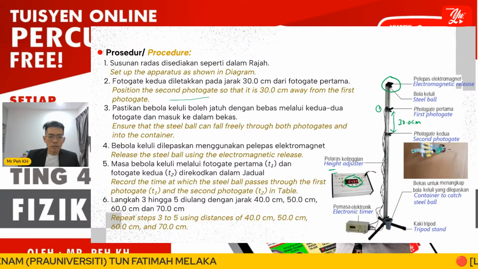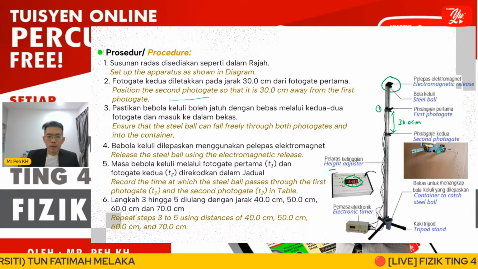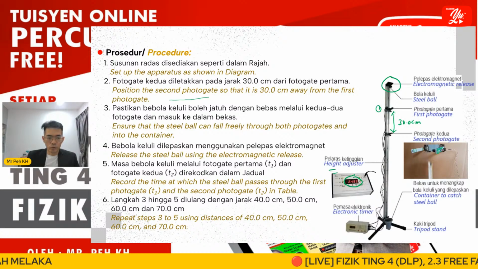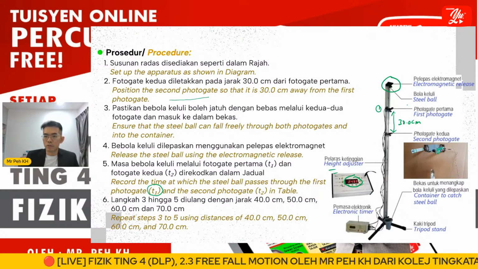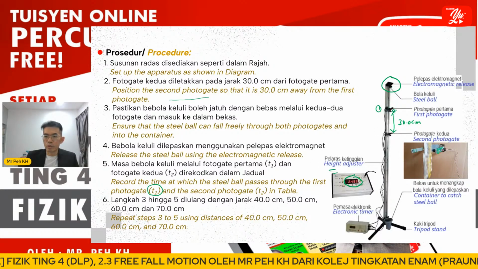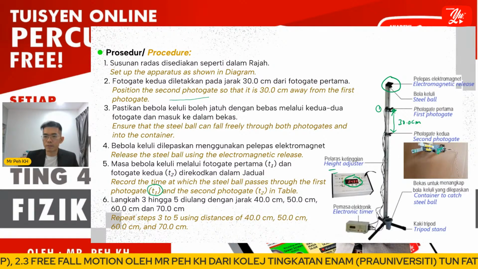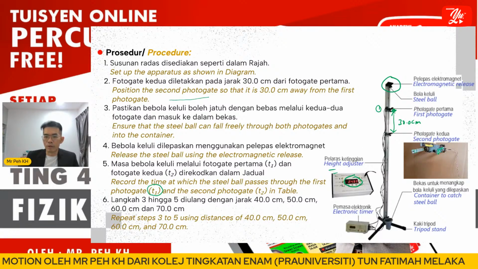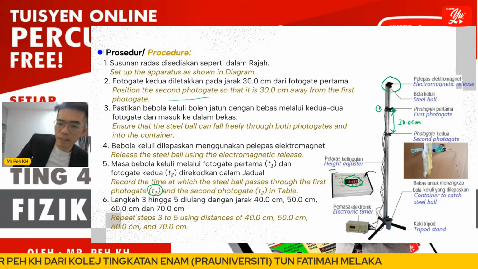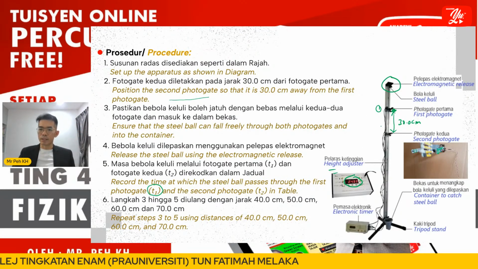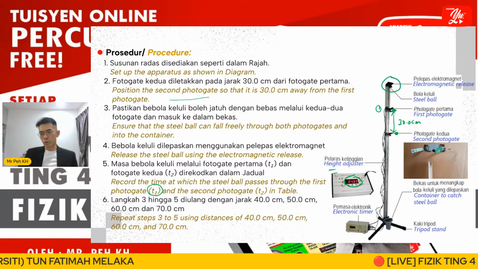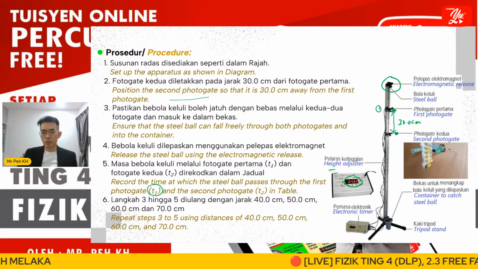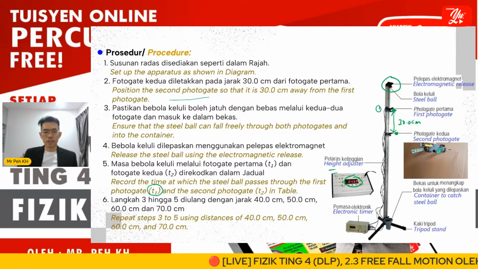Record the time at which the steel ball passes through the first photogate, known as T1, and the second photogate. When the ball we release reaches the first photogate, the time is recorded on the electronic timer. Then when the same steel ball reaches the second photogate, the timer records the time also.